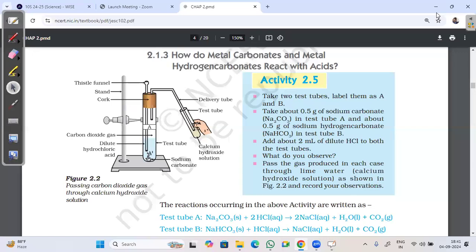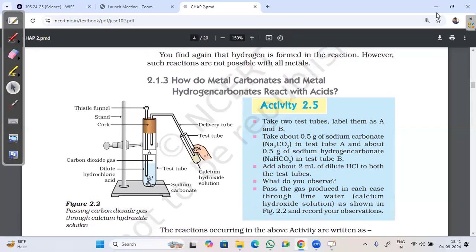Na2CO3 plus HCl gives NaCl plus H2O plus CO2. Okay, all of you write down the reaction for this.